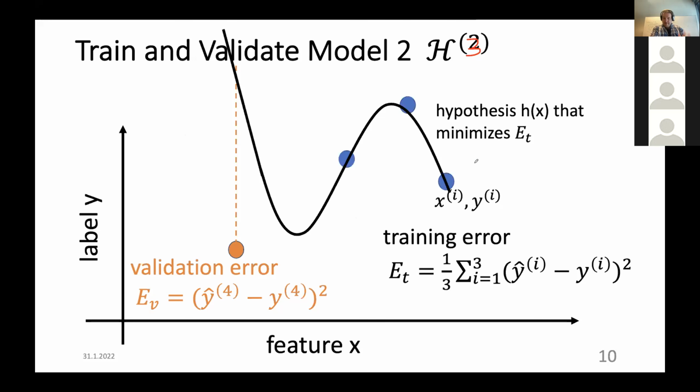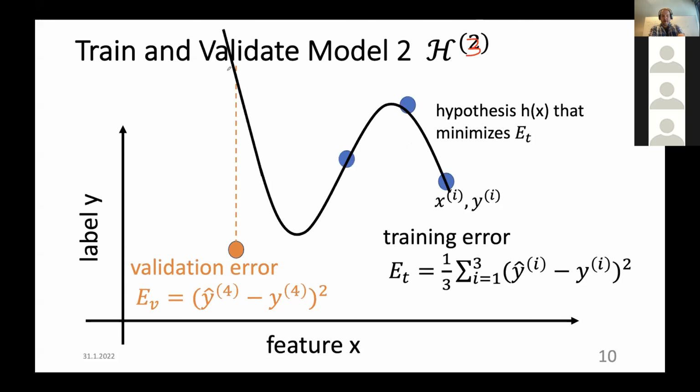So you will find a degree 3 polynomial with training error 0. But the validation error might be much larger because you invested so much into perfectly fitting the 3 training data points that you completely ignored the behavior outside this training set. Particularly, you might get a hypothesis that is completely useless outside this training set.